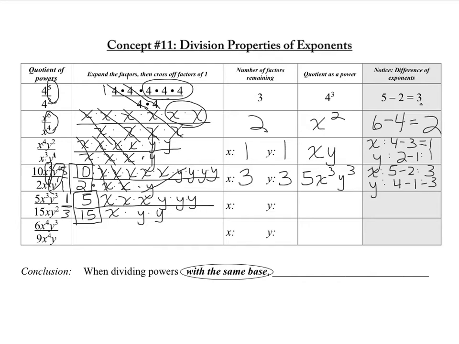So now look, that 3 down there has to stay in the denominator, okay? The 1 has to stay in the numerator, but remember when we multiply by 1, by all these x's and y's, you don't have to have the 1 there. You can leave it there if it's helpful. So now we're going to cross off 1 x and 2 y's. The number of factors remaining on the x's is 2, and the number of factors remaining on the y's is 1.